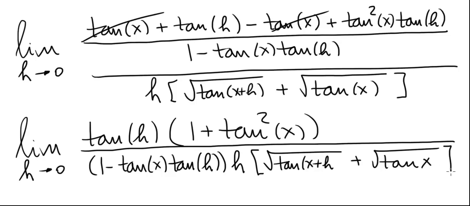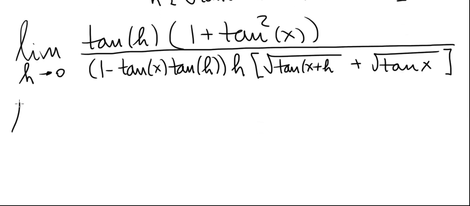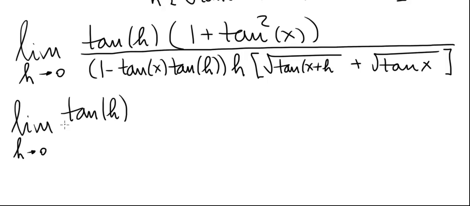And now let's break this up into the product of two limits. So first note that 1 plus tangent squared of x is secant squared. The first limit will be the limit as h goes to 0 of tangent h over h. And the second limit will be the rest.